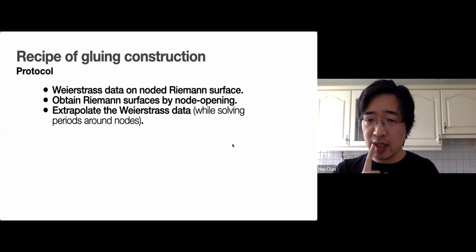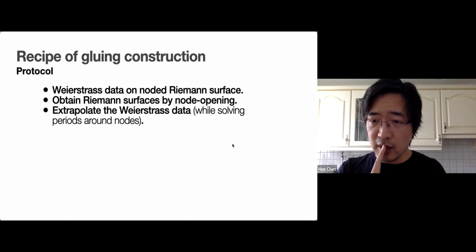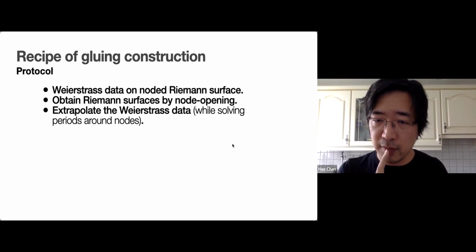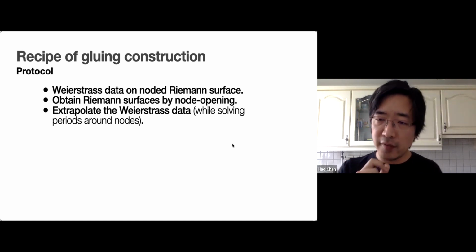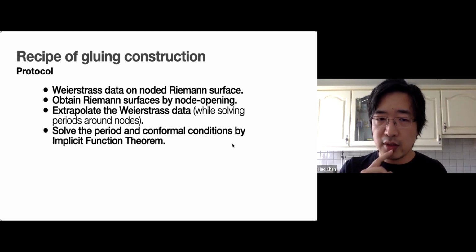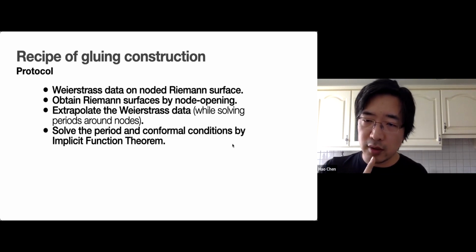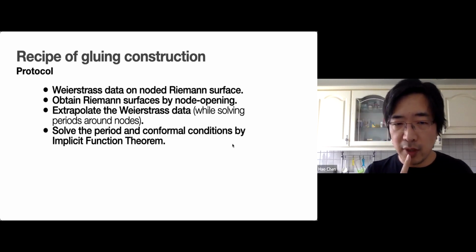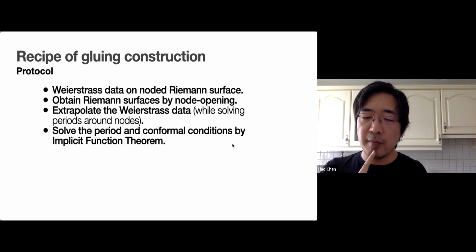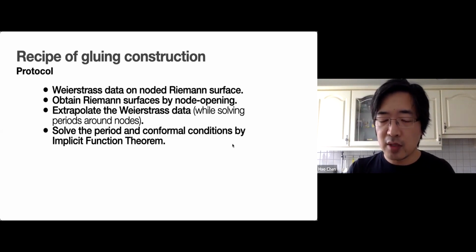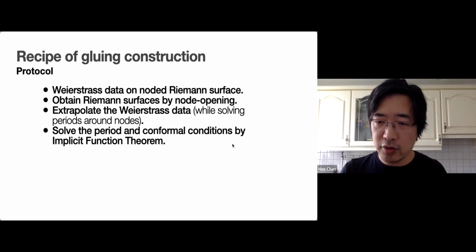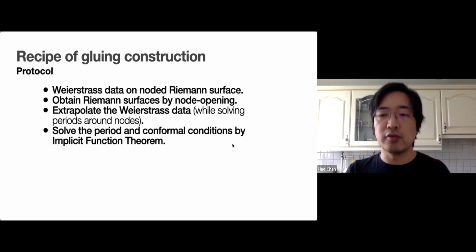So this can be done because the meromorphic forms are actually defined by the periods around the nodes. So during the extrapolation, we will also solve the period condition and conformal condition by the implicit function theorem. So from this procedure, we will usually come to two conclusions.